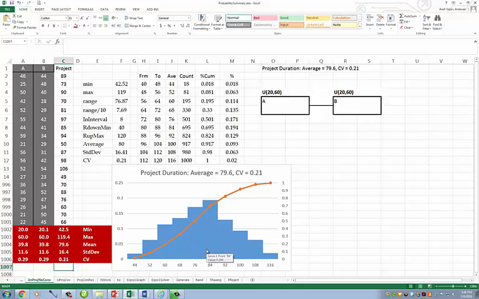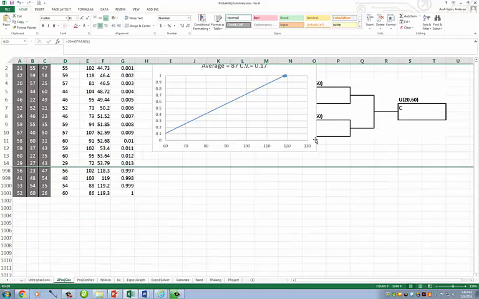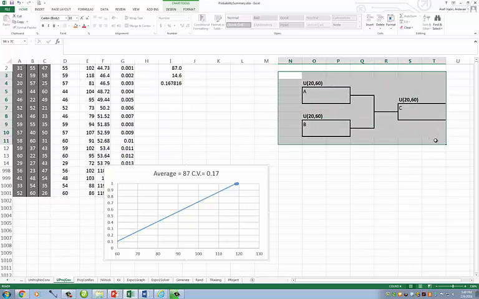Now let's talk about another interesting managerial observation by comparing this project with this project. What is the difference between these two projects? In a deterministic world, this activity should take an average of 40 days.